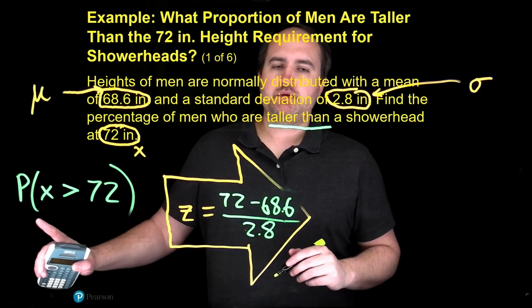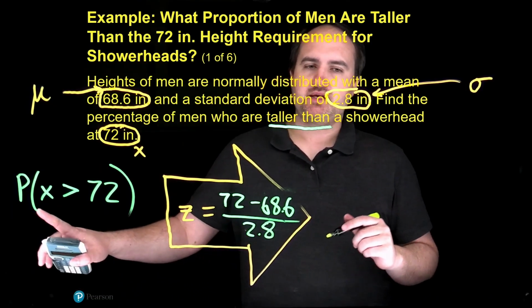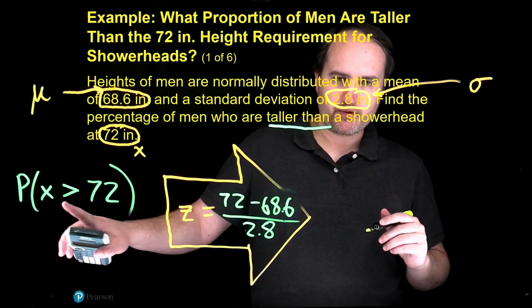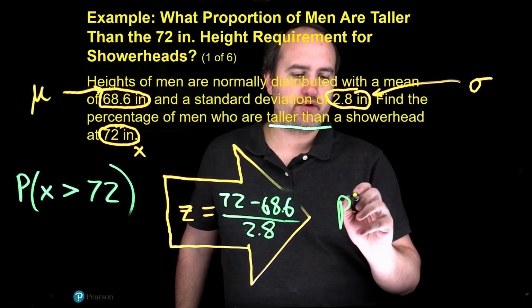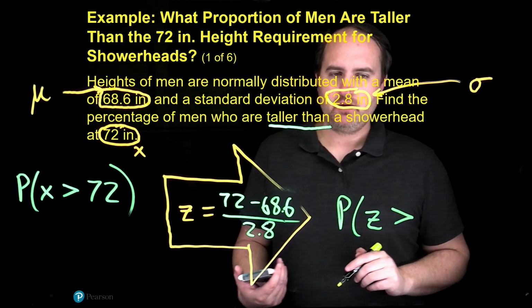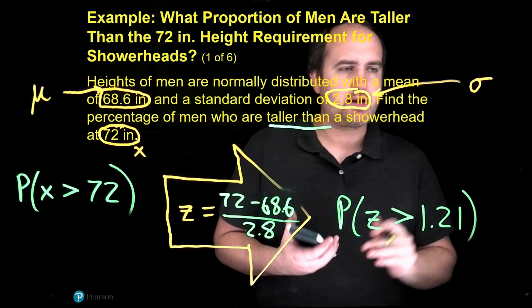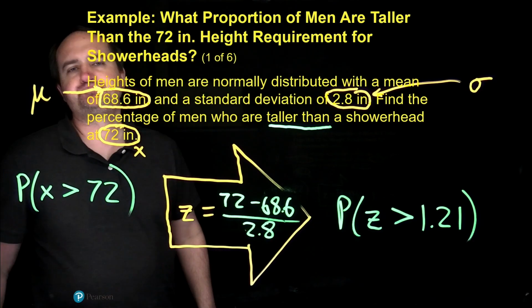When I've used this formula, it gives me the exact same format, but now instead of x, I'm going to be writing z. So what we're finding here is the probability that z is greater than 1.21.